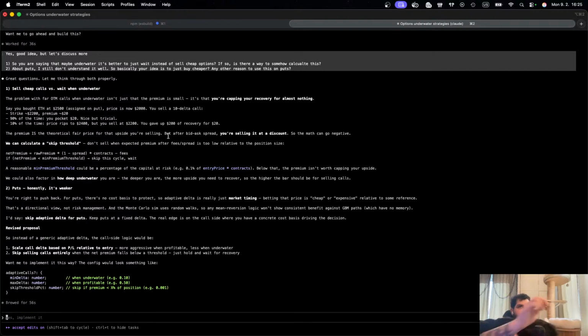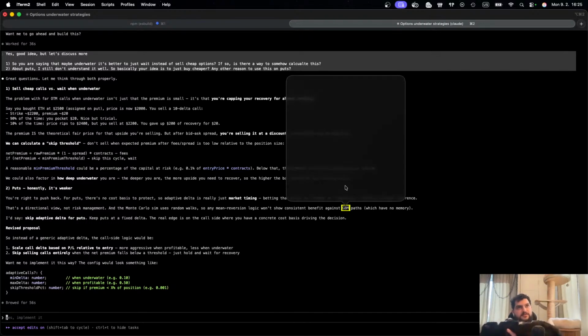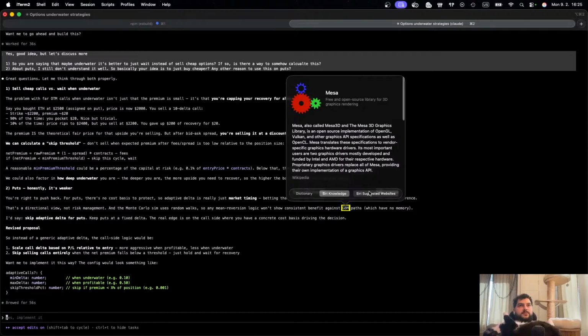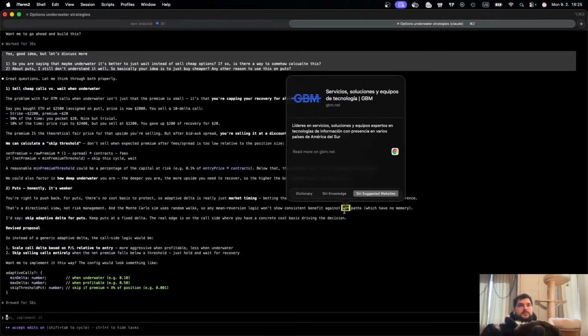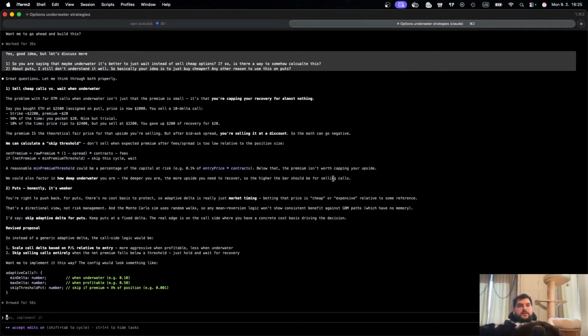I don't know what GBM is. I'd say skip adaptive delta for puts. Keep puts at a fixed delta. The real edge is on the call side, where you have a concrete cost basis driving the decision.